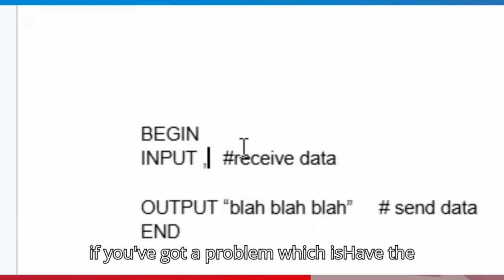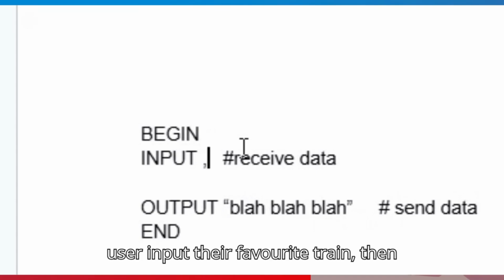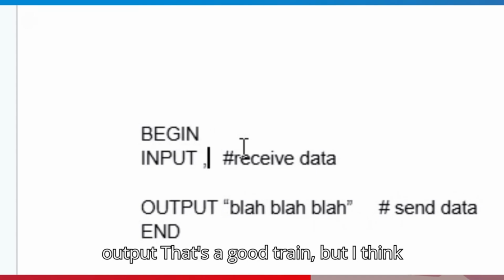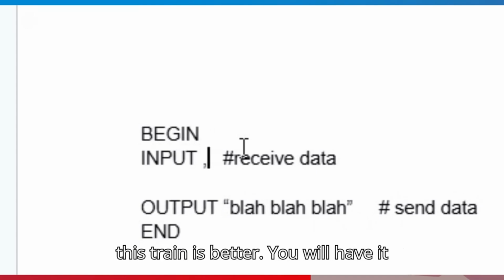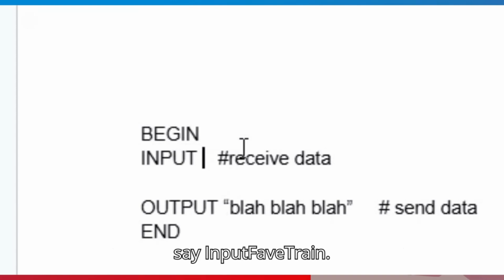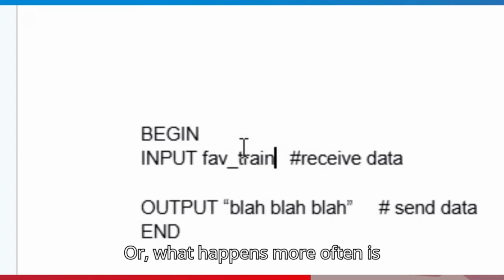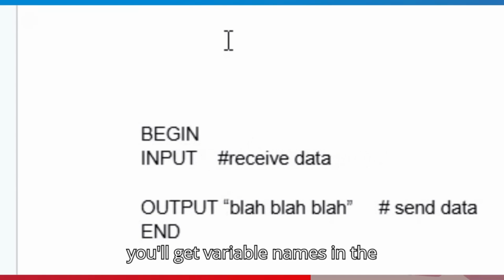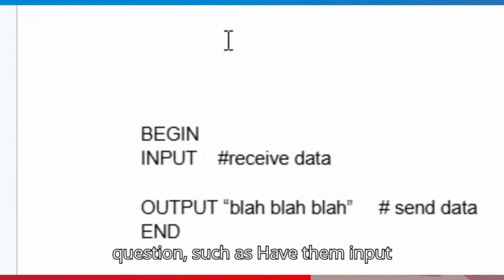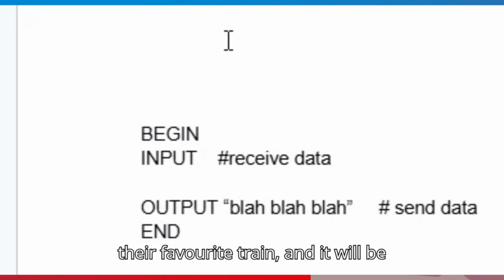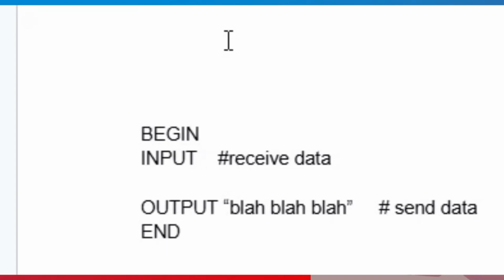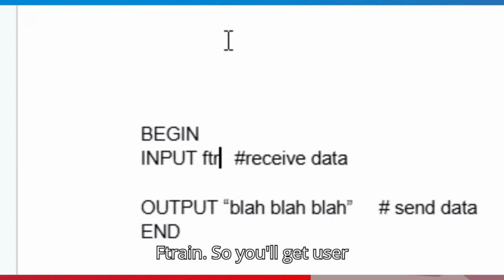So if you've got a problem which is have the user input their favorite train, then output that's a good train, but I think this train is better, you will have it say INPUT fave train variable like that. Or what happens more often is you'll get variable names in the question, such as F train. So you'll usually get variables.